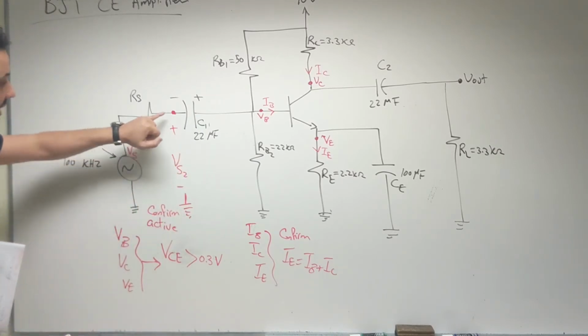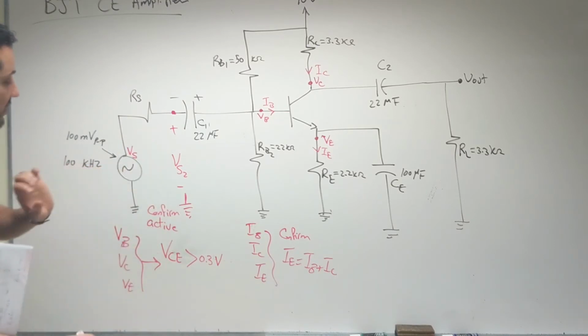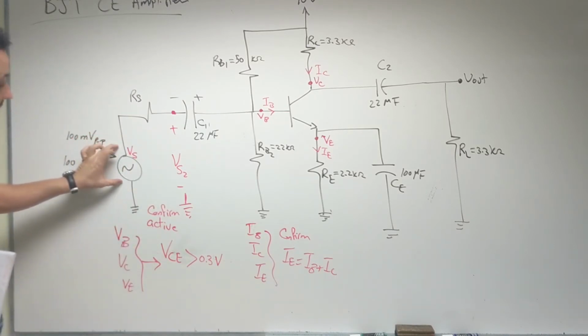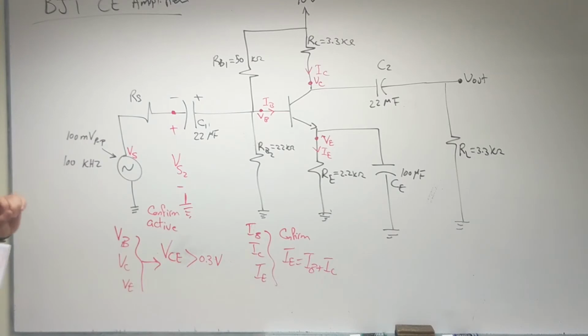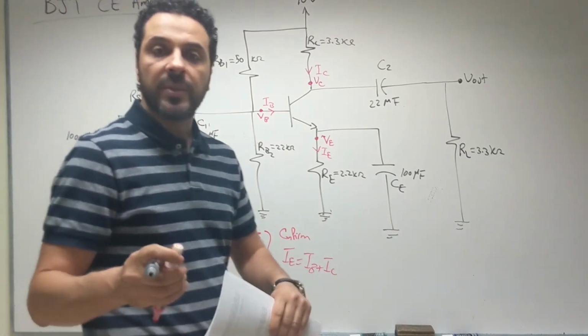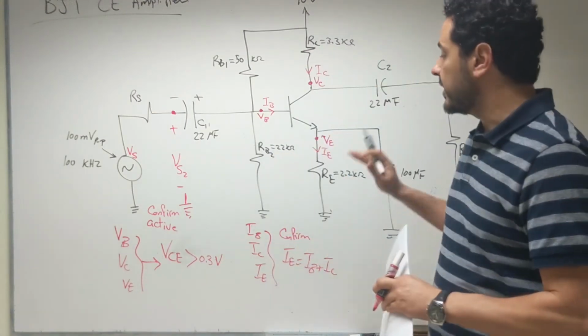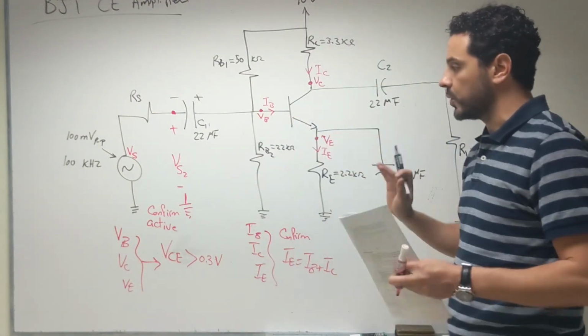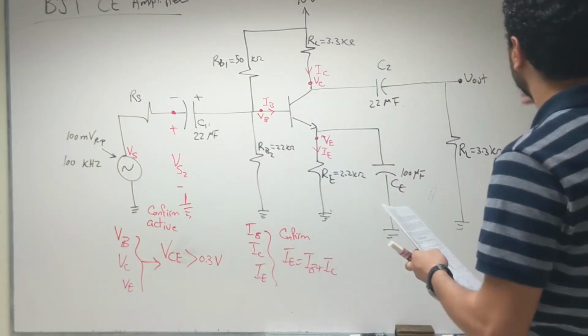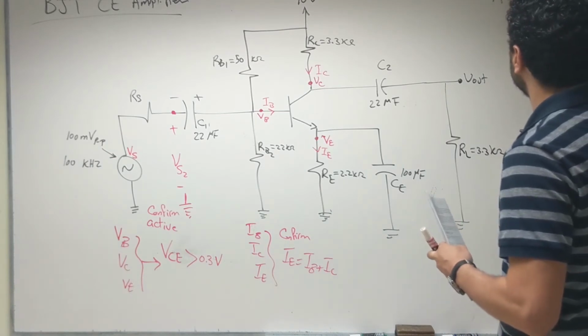Now what we are going to do is measure some gains between the output and Vs and Vs2. The first gain that we are going to measure, we'll call this AC analysis.